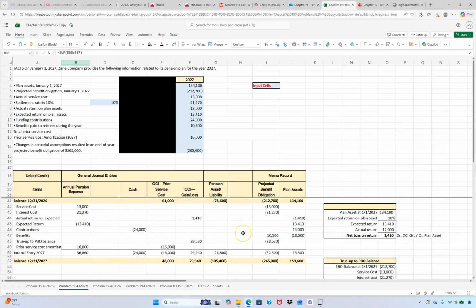These are really important when you have multiple items going on, and the questions might ask you for certain balances or what's the net entry to your OCI or to your projected benefit obligation. On the CPA exam, these might pop up, so it's really good to know how to do them so you can get answers for whatever question they're asking.